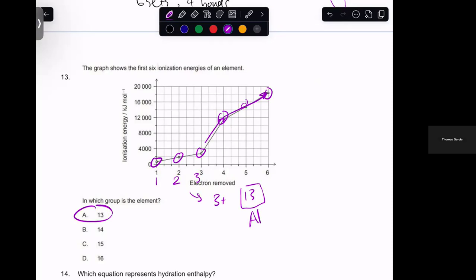Now, you may also say, well, why not something in group 16? Something that has 6 valence electrons, something like maybe oxygen.